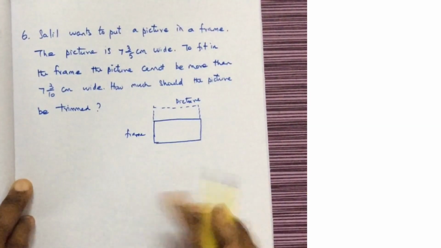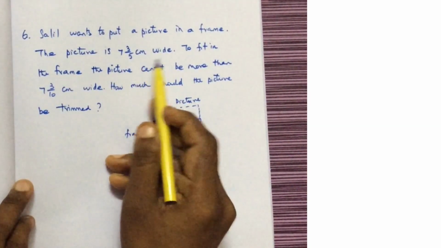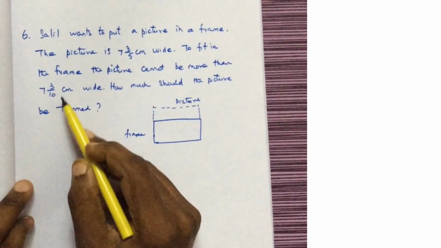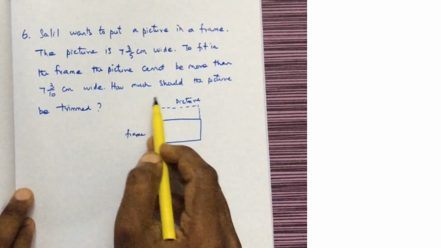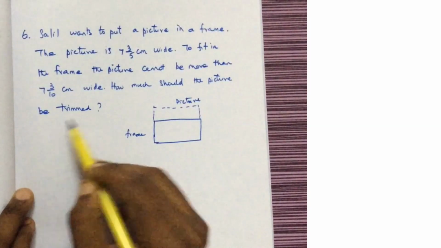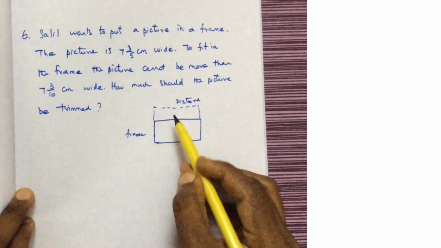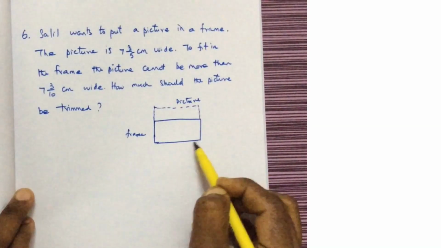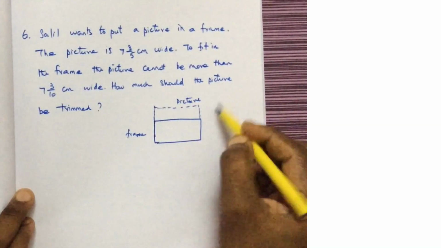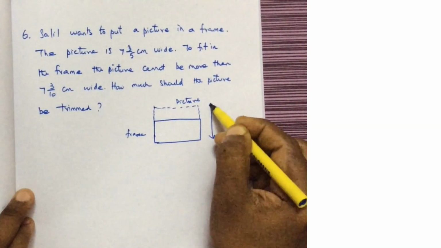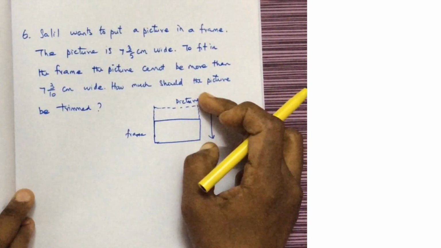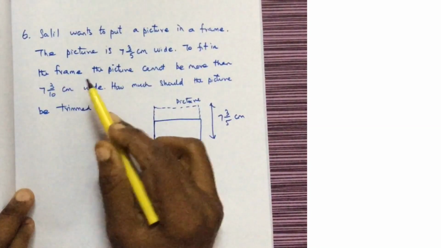The picture is 7 3 by 5 centimeter wide. To fit in the frame, the picture cannot be more than 7 3 by 10 centimeter wide. How much should the picture be trimmed? So consider this whole thing is the picture. The picture is 7 3 by 5 centimeter wide.